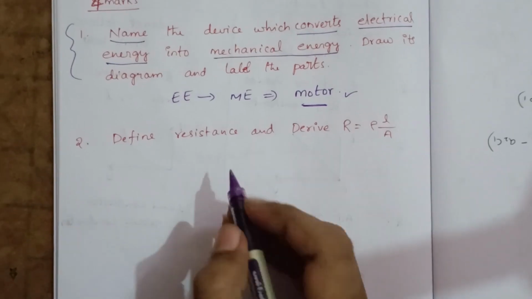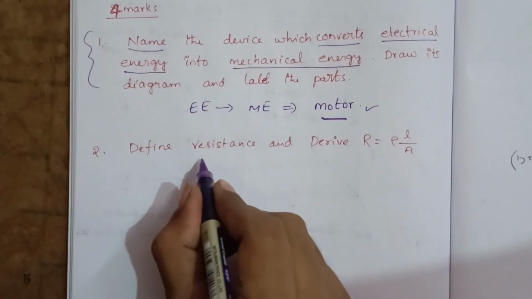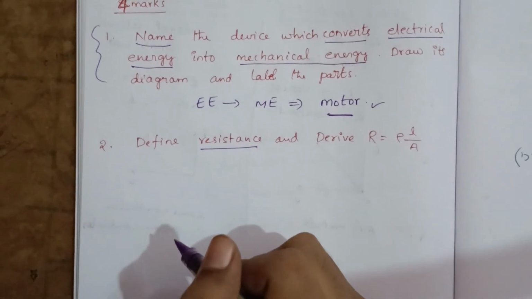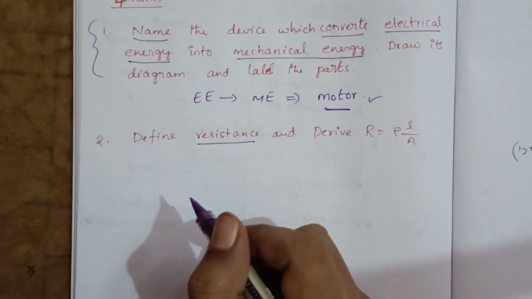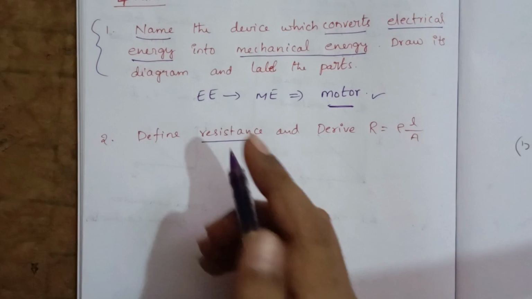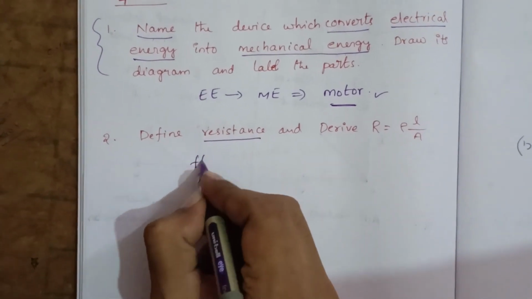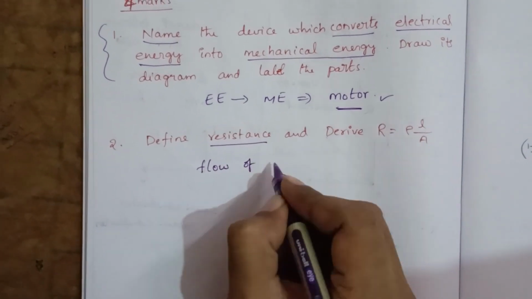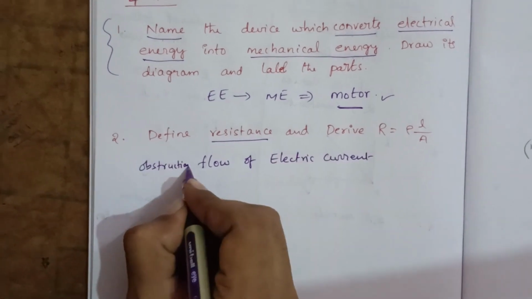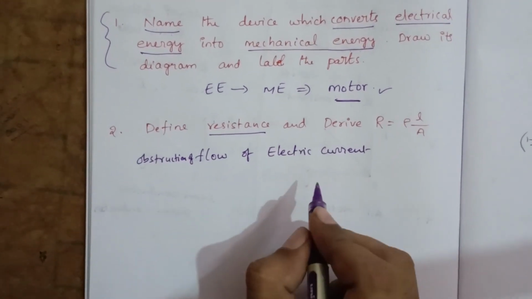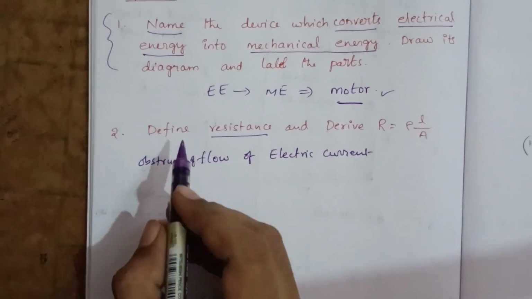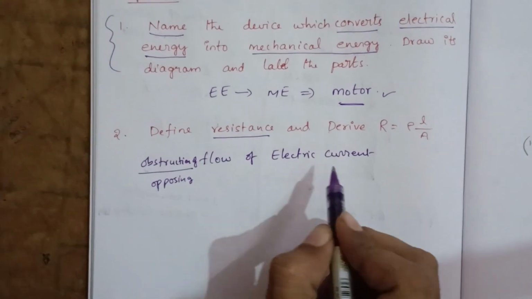Okay. Now next question. Define resistance. Resistance means obstruction of the flow of electric current, or opposing the flow of electric current.